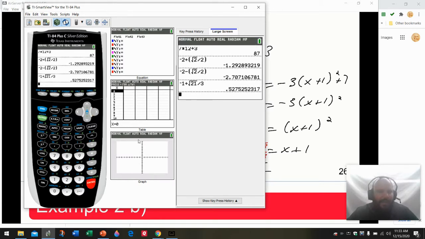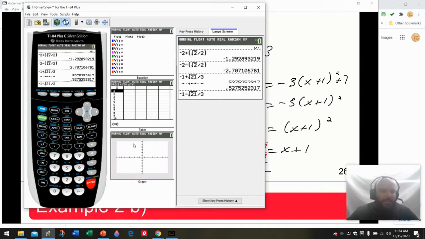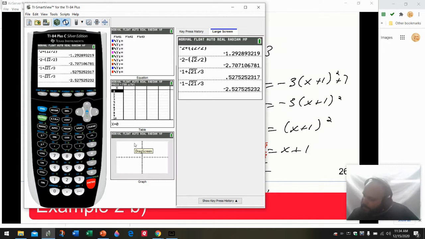And when I do that, I get 0.527. So we'll just call it 0.5. That's fine. Now I'm going to go ahead and change that plus to a minus because we have that plus or minus. So there's the minus, and we get -2.5. So there's our two numbers. Those are our x-intercepts.